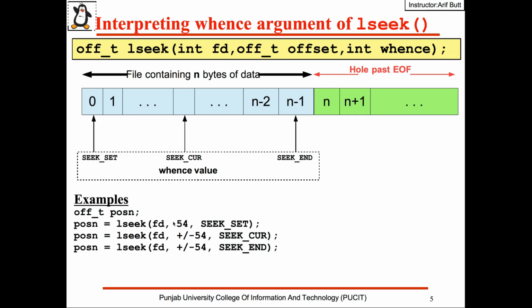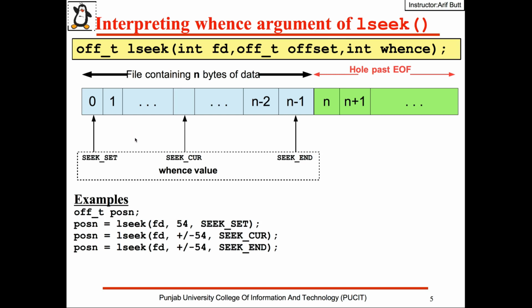So this first line of code will move the current file offset to position 54 starting from the beginning. It will count 54 and take the current file offset to that location. Remember, if you are using the whence value as SEEK_SET, the offset given here can't be negative. That is, you can't move the current file offset before the start of the file.